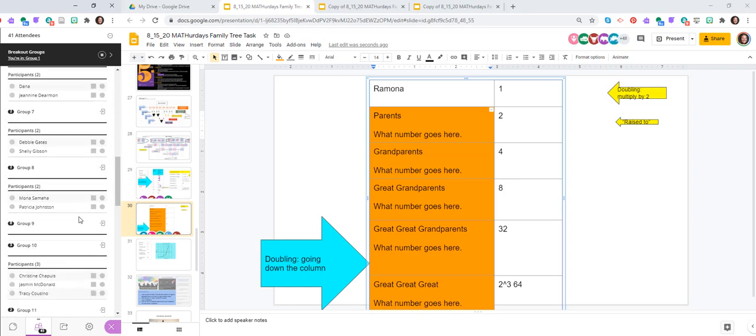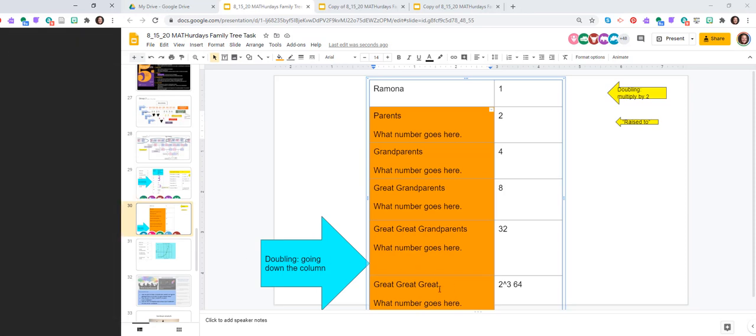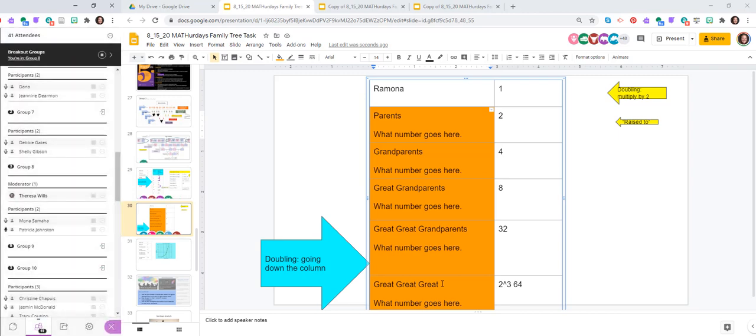Yes. So if we're, go ahead. And the grandparents is 2 to the 2nd power. The way I see it, grandparents.